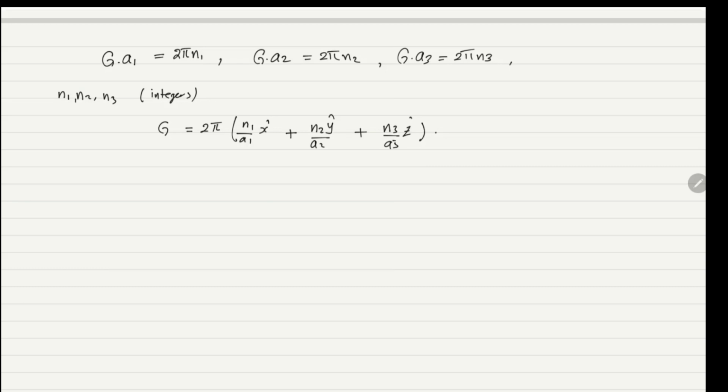From this, we can define b1 equal to 2 pi over a1, b2 equal to 2 pi over a2, and b3 equal to 2 pi over a3. In this case, remember that a1, a2 and a3 are lattice vectors in real space, but b1, b2, b3 are the primitive vectors in reciprocal space.